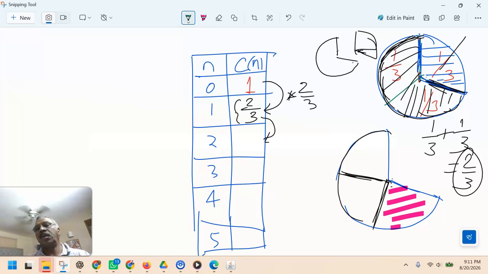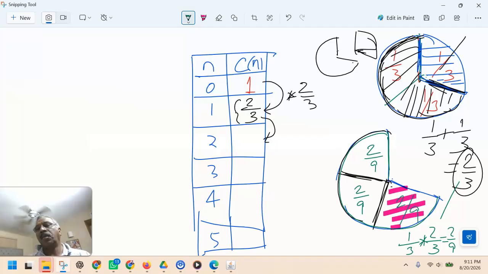This whole thing was two-third, right? And I break this into three, so each piece will be one-third of this two-thirds. So it is 2 divided by 9. Each one will be 2/9, and this also is 2/9.